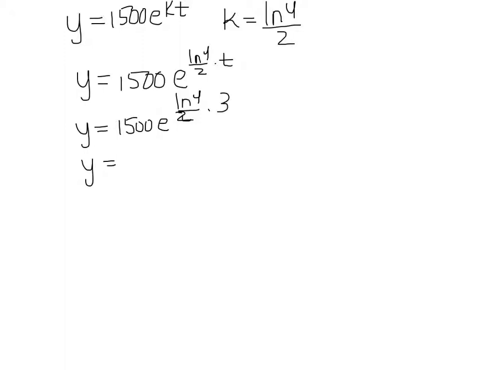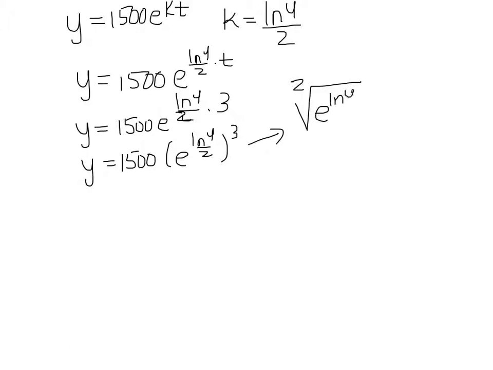Alright, this is going to get just a tad bit trickier, so see if you can follow along. 1,500 stays 1,500. e to the natural log of 4 divided by 2 times 3 is really e to the ln 4 over 2, to the third. Now come over here for a sec. e to the ln 4 over 2 is really the square root of e to the natural log of 4.